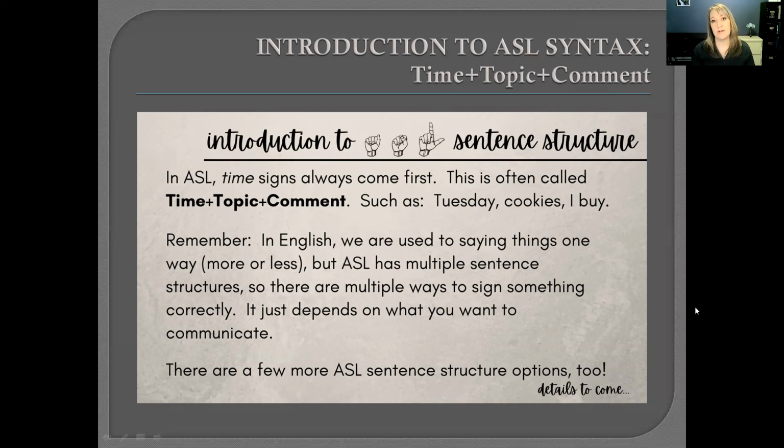Right now, we're just covering subject, verb, object, and object, subject, verb, and topic comment, and time topic comment. But there are actually a total of 6 ASL sentence structures. And that's for later classes. This will get you on your way to moving from signing in strictly English word order to throwing in a little topic comment and a little time topic comment. So it's more ASL sentence structure.